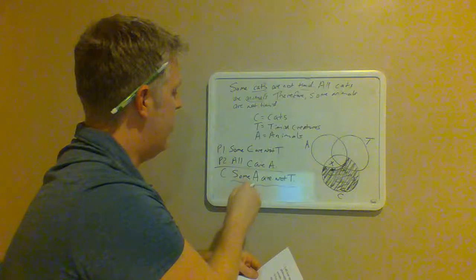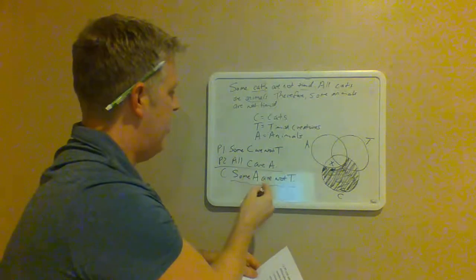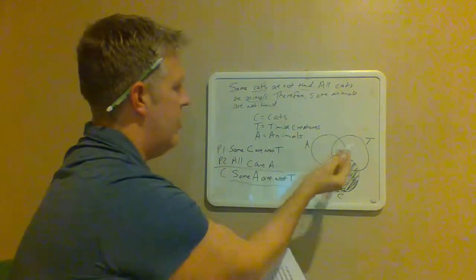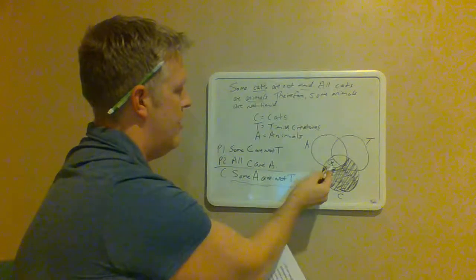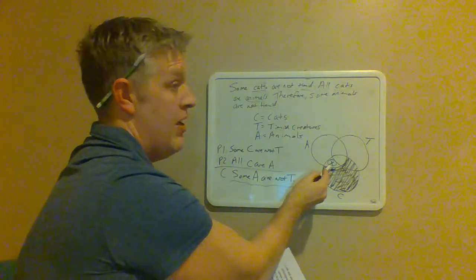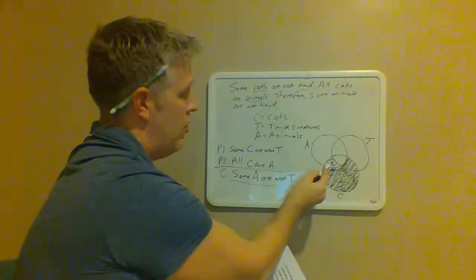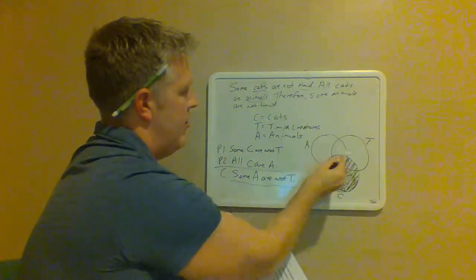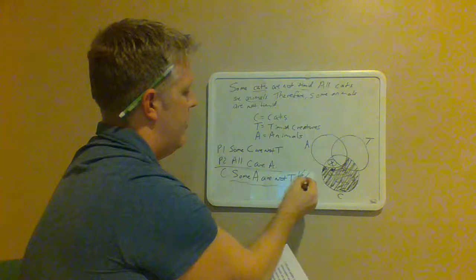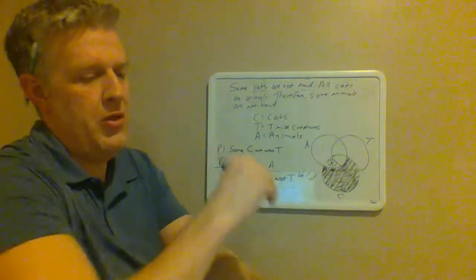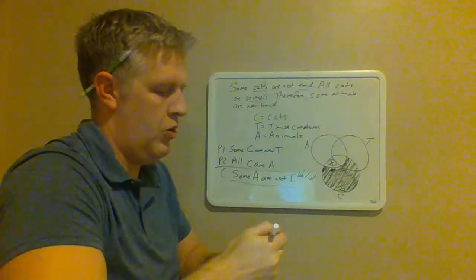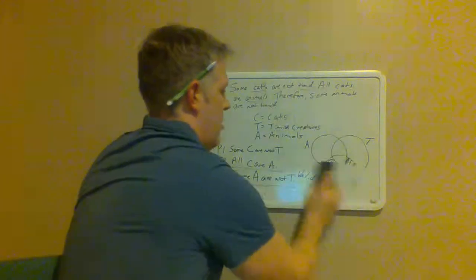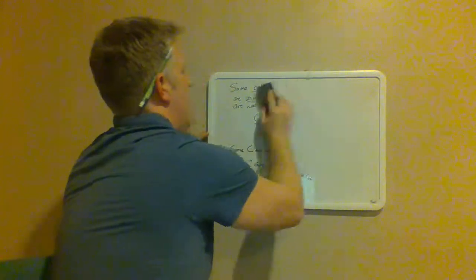We just want to know, is it clear from the diagram of the premises that some A are not T? And it is clear, because this tells us there's at least one member, or 10 million, or anywhere in between, that's an animal and that's not timid. So this will be another valid argument. And we'll do one last one and then wrap up the video.